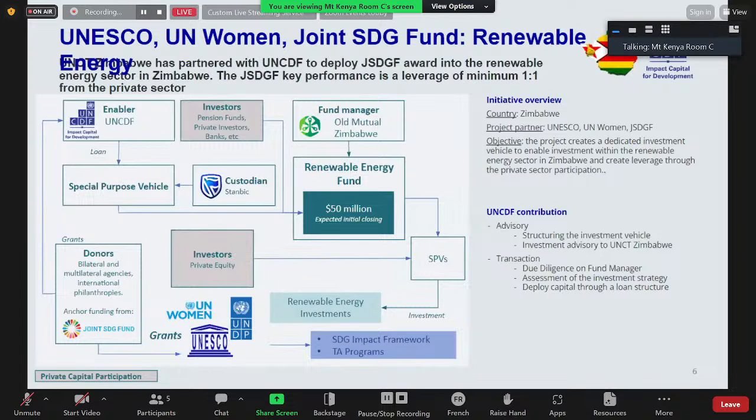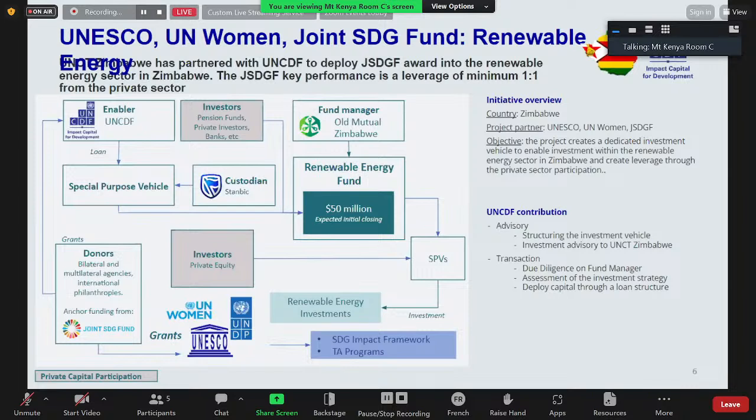So we onboarded two financial institutions, Stanbic and Old Mutual. Stanbic will be a custodian, Old Mutual will be a fund manager. They were selected through a competitive process. We established an investment vehicle in Zimbabwe, an open-ended fund that will be managed by Old Mutual.